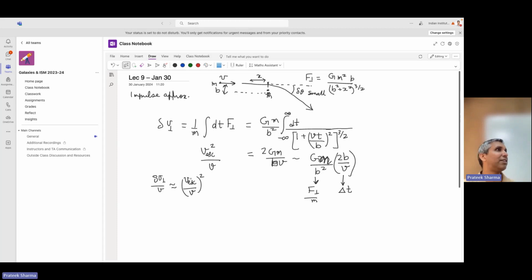The particle will deviate substantially from its path only when the escape velocity is large or comparable to the velocity of the particle, the escape velocity from the point mass.